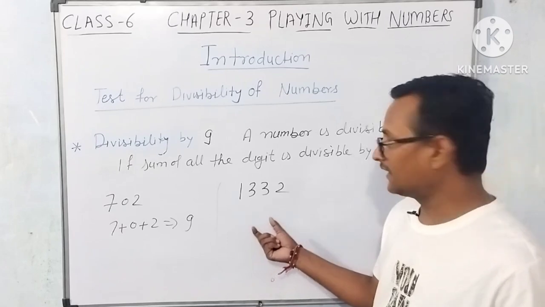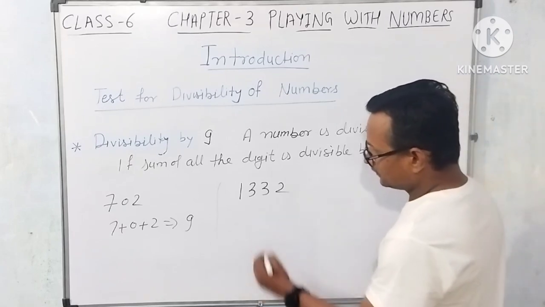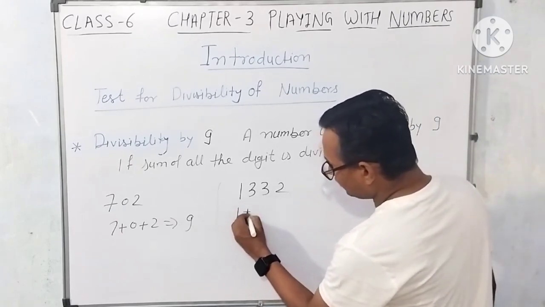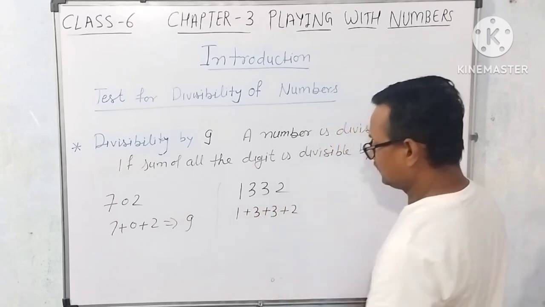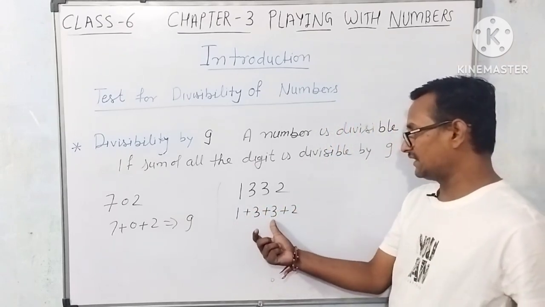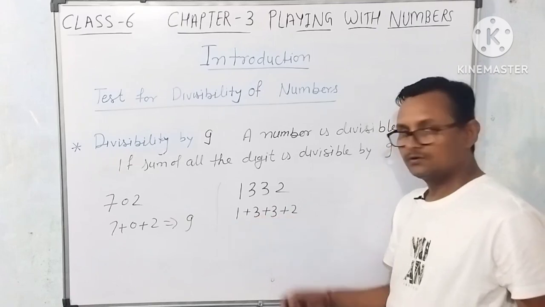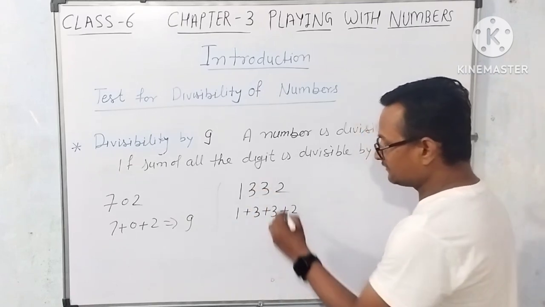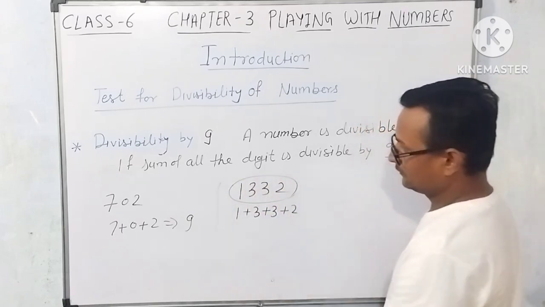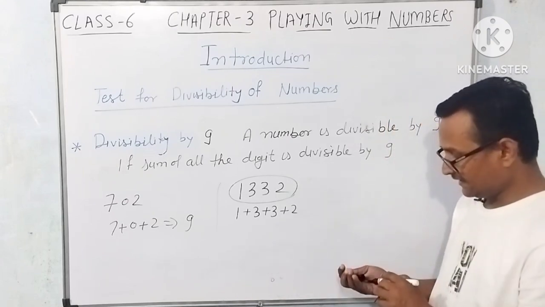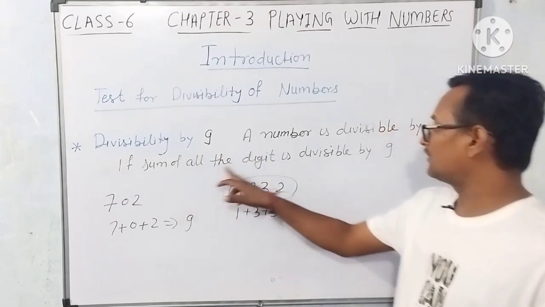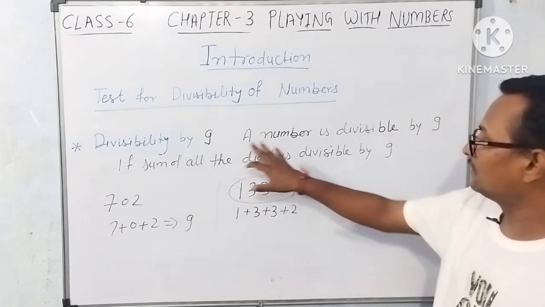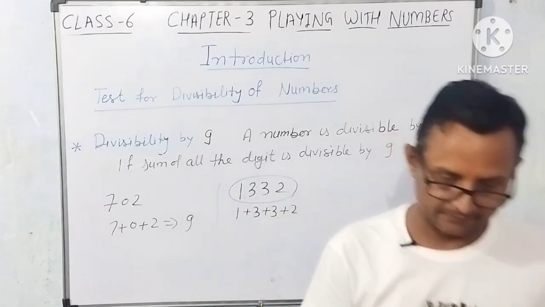Let's check if the number is divisible by 9. Sum of all digits: 1 plus 3 is 4, plus 3 is 7, plus 2 is 9. So this number is divisible by 9. So we can say if the sum of all digits is divisible by 9, then the number is divisible by 9.